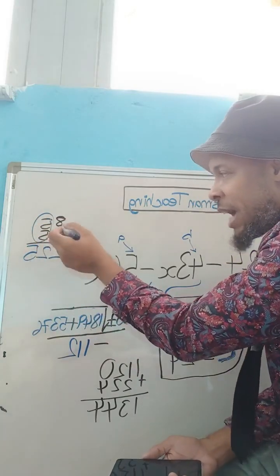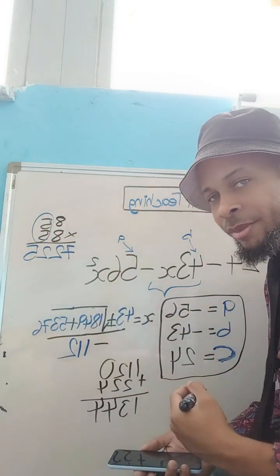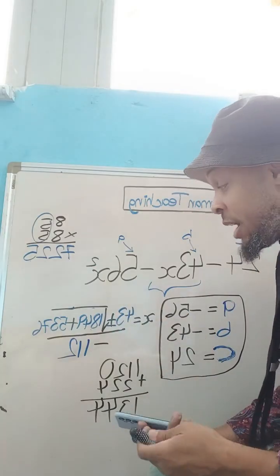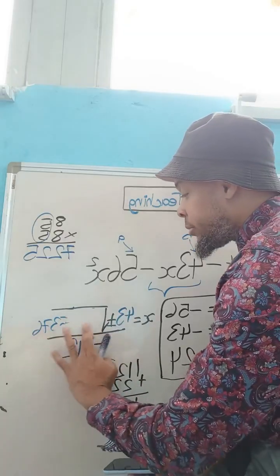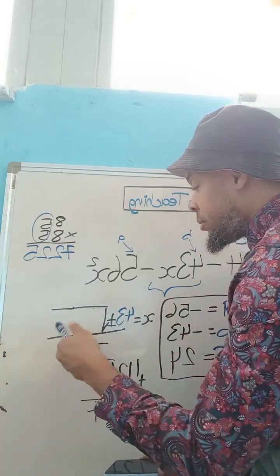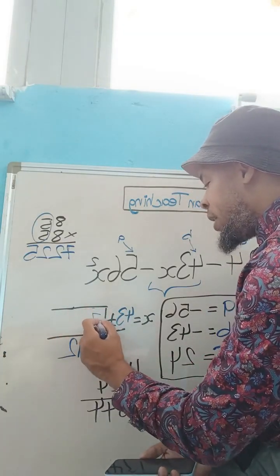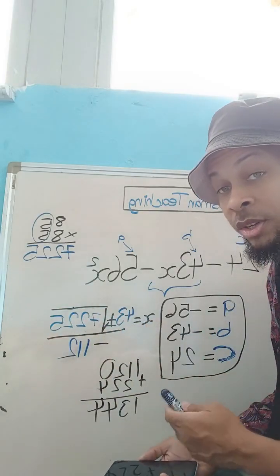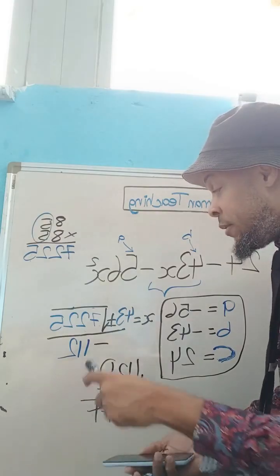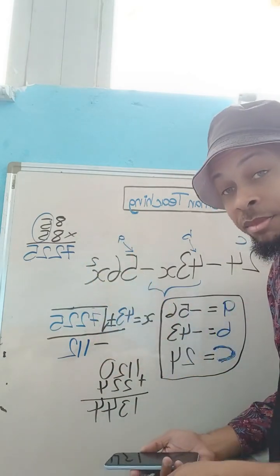So 85 times 85 must be 7,225. Therefore, the square root of 7,225 is going to be 85.